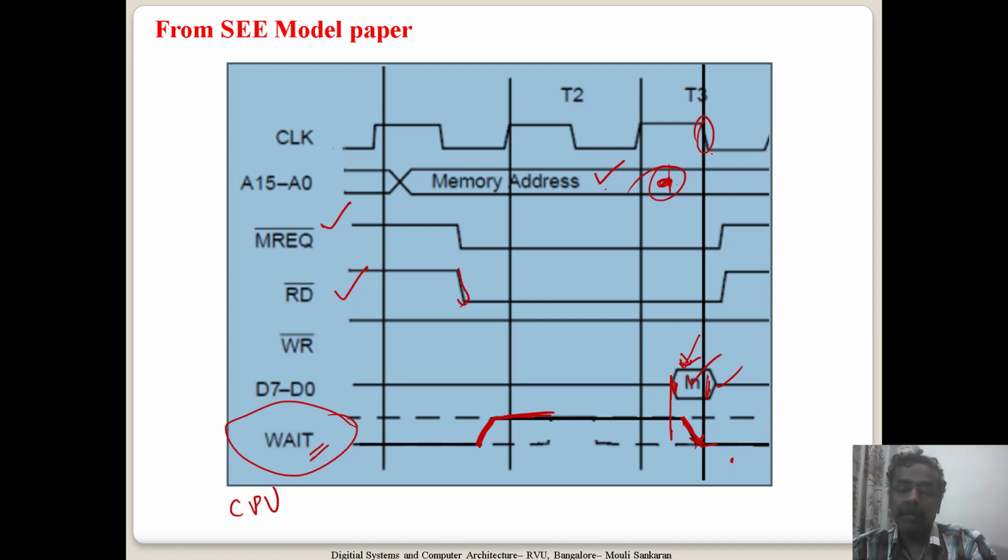The CPU is supposed to take the value, and then it takes the value, and then it brings up the read signal and the memory request signal, and things are back to idle. That means the data which is put by the memory is read by the CPU. So this is a good example of a CPU reading from the memory.